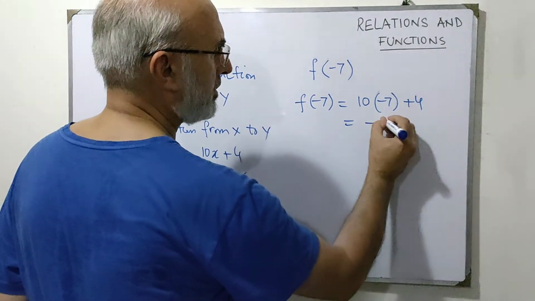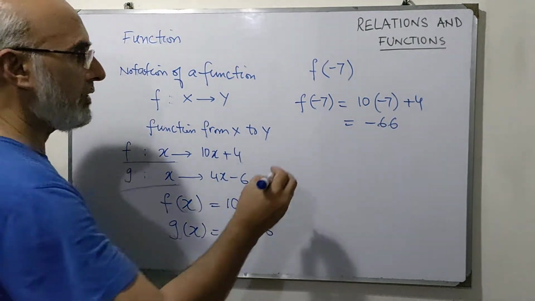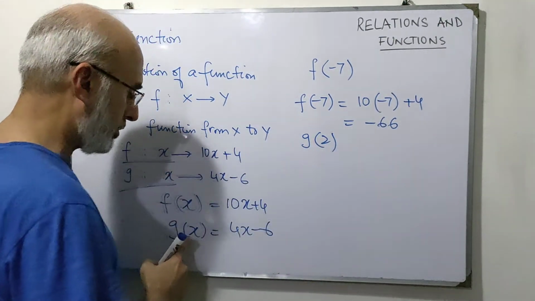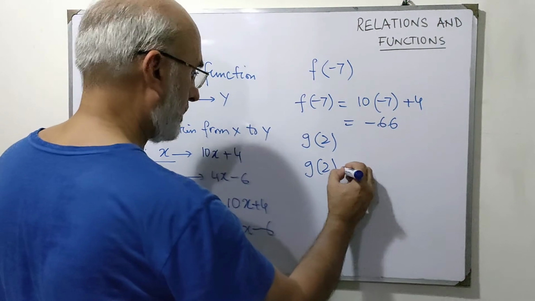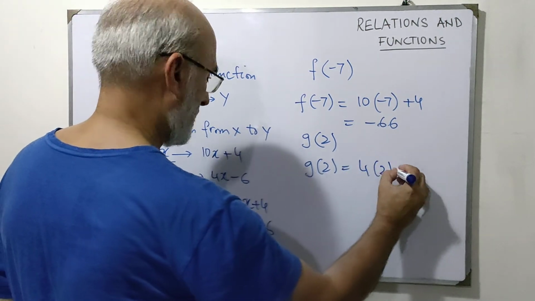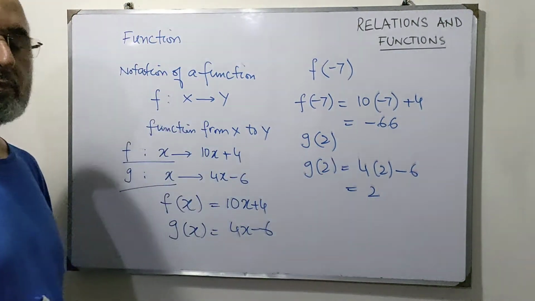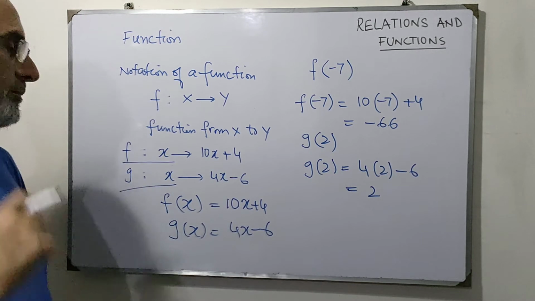So basically it is minus 66. Okay? And if I have to find g(2), I'm going to replace x with 2. So g(2) is equal to 4 into 2 minus 6, which is 2 again. So pretty easy, right?